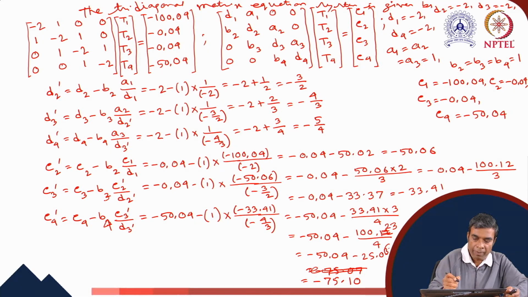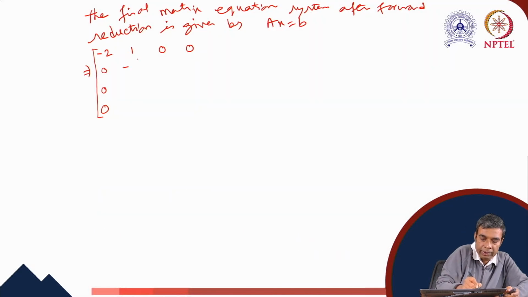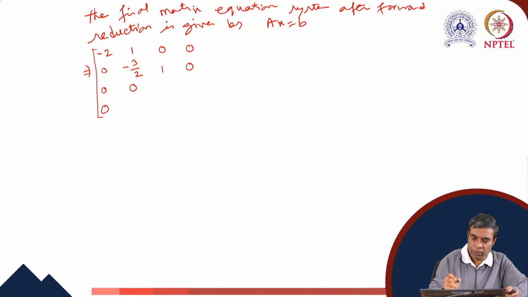Then our d2 dash is minus 3 by 2. Our super diagonal term is 1. So the next row, the third row here, our b was 0 and our d3 dash was minus 4 by 3.